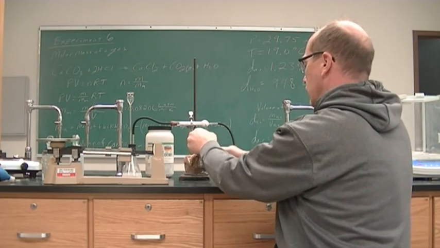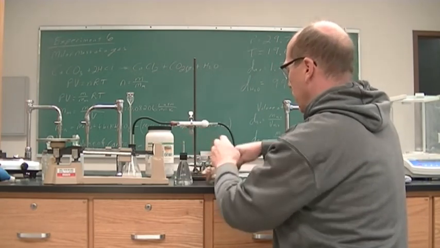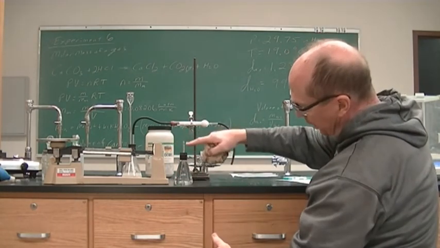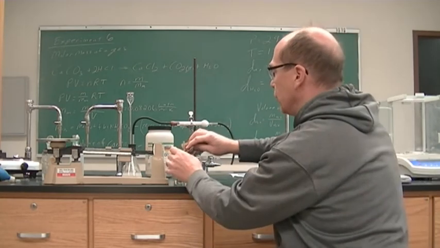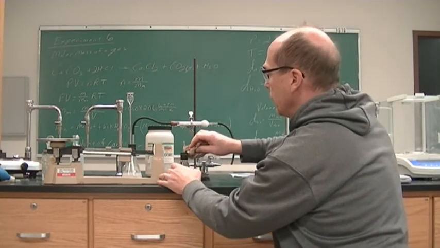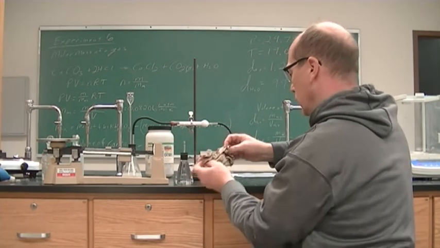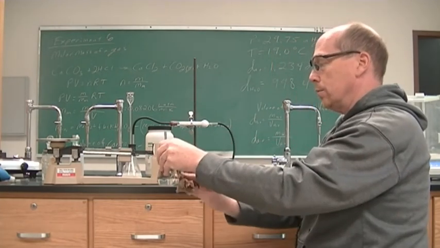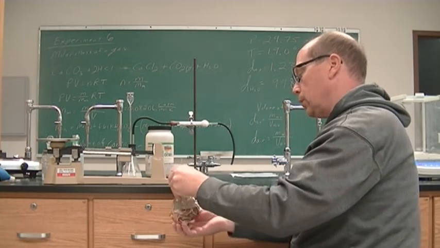So the gas isn't on the outside, the gas is on the inside. All right, so I have the entire flask full, including the top glass rod is full of water, because that is where CO2 would be when we weighed our flask with our rubber stopper and the glass rod.